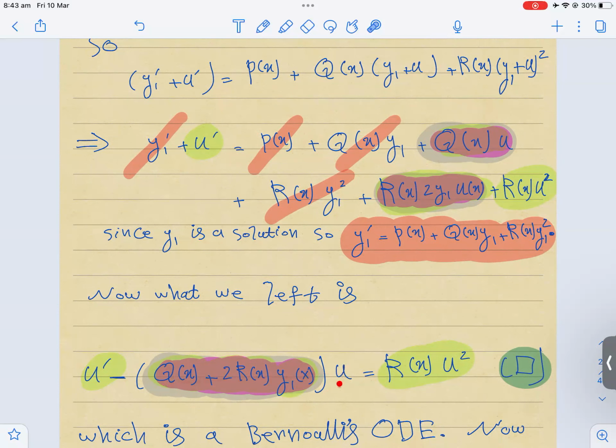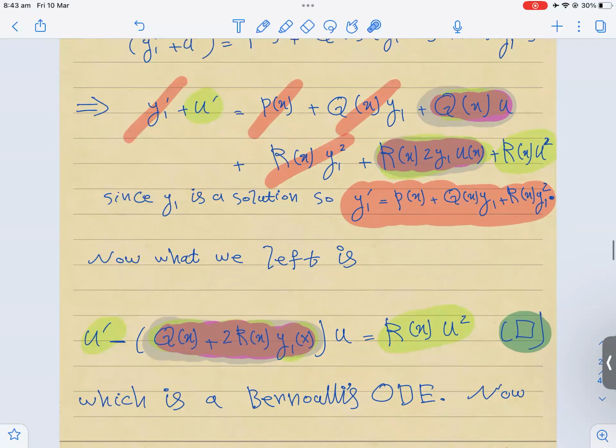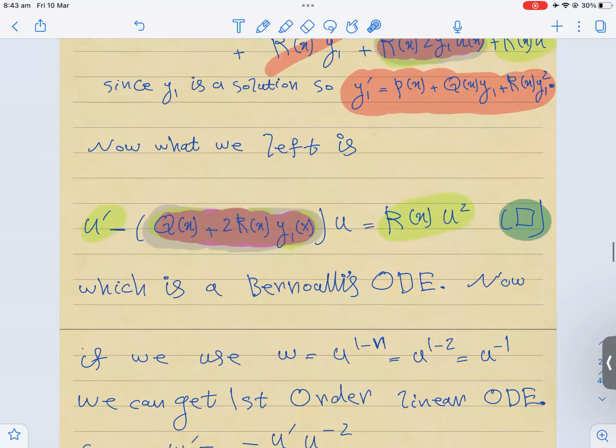I will factorize u as well. So what this is, is just u prime plus or minus something in terms of x times u, equals something else in terms of x times u to the power 2. So it is Bernoulli, and the Bernoulli has u to the power n, here 2.